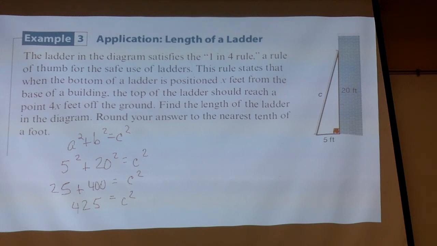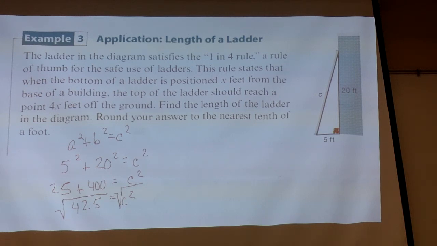And we need to take the square root of each one. All right, so if we take the square root of 425, I'm going to put it in my calculator. The square root of 425 is going to be equal to 20.61552813.